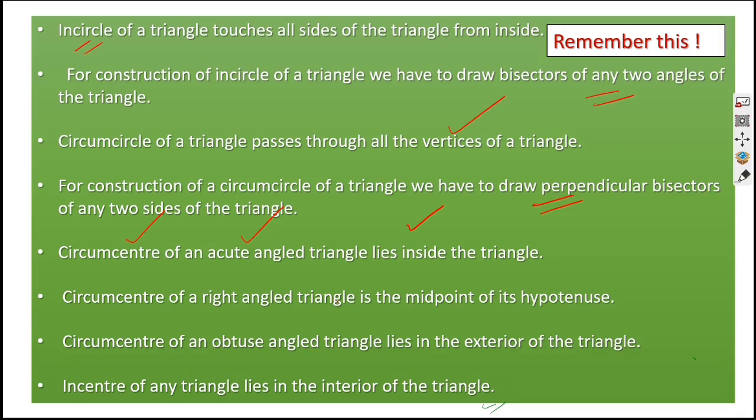And in the case of a right angle, the circumcenter will shift on to the hypotenuse, and in the case of an obtuse angled triangle, the circumcenter will go out. I mean, it will be in the exterior of the triangle. But as far as the incenter of any triangle is concerned, it always lies interior of the triangle. This is the conclusion, but this conclusion you will not learn by heart.